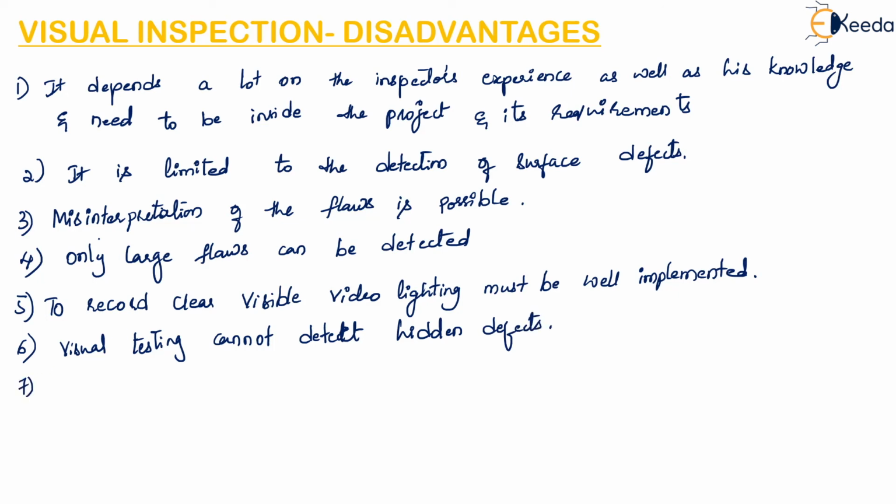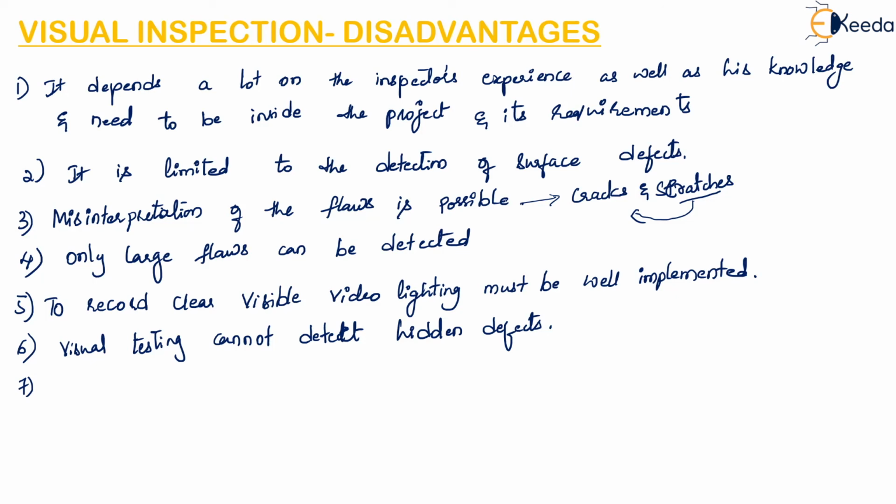I have already told you there may be misinterpretation of flaws. How is the misinterpretation caused? Cracks and scratches will appear the same. If there is a scratch, we may misinterpret it as a crack.